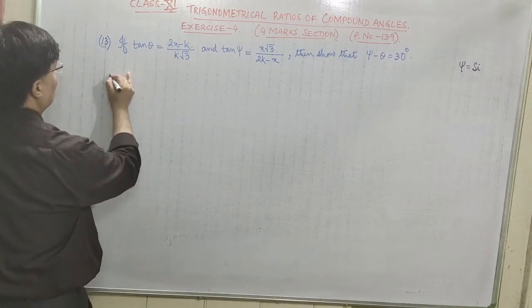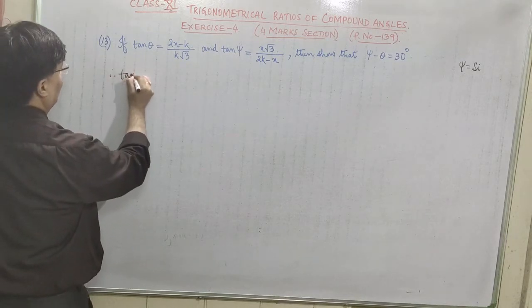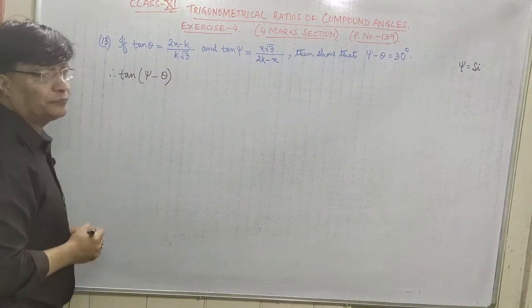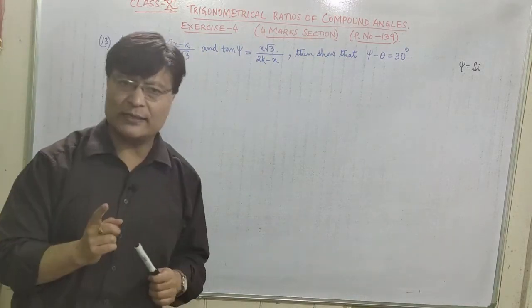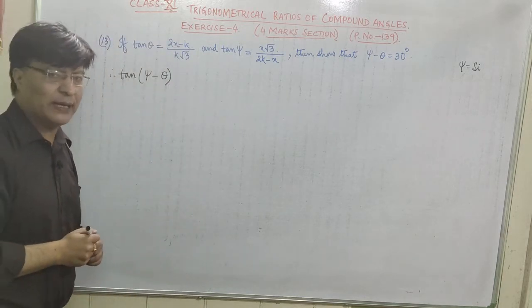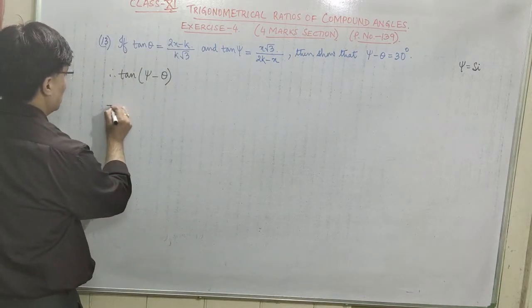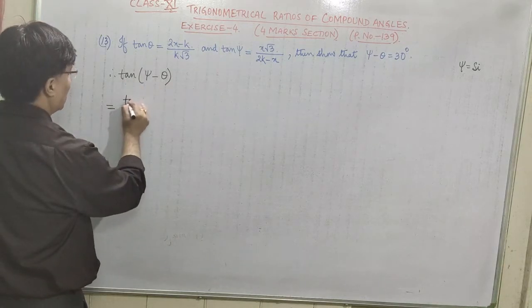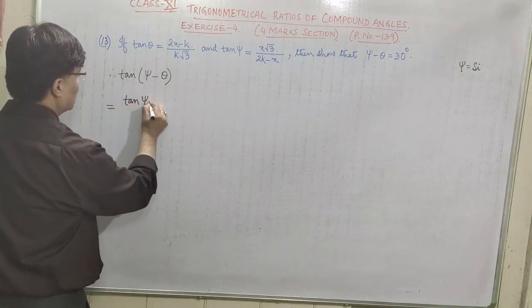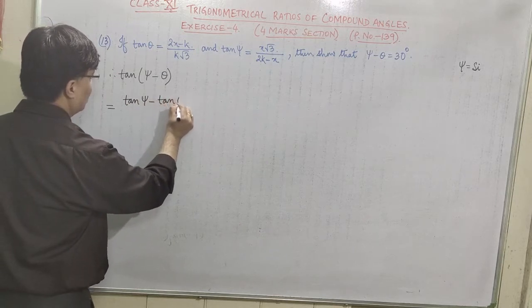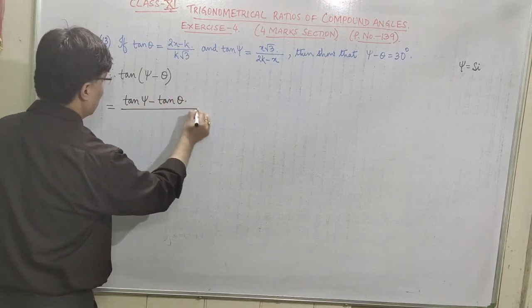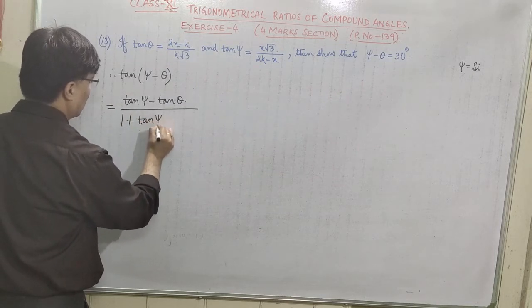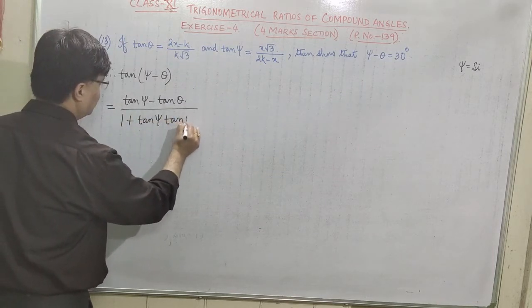So let us first find out the value for tan of psi minus theta. What is the formula that you can use here? Tan of A minus B, that is tan A minus tan B divided by 1 plus tan A tan B.